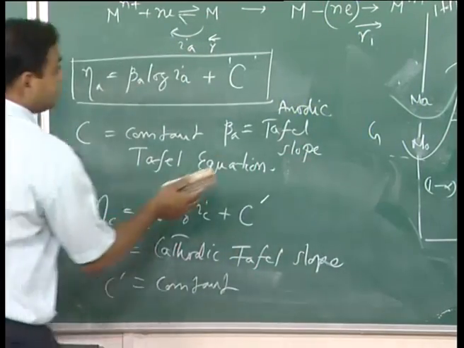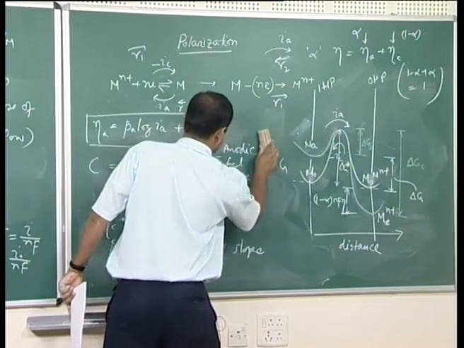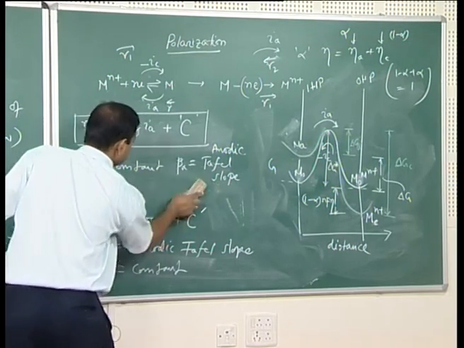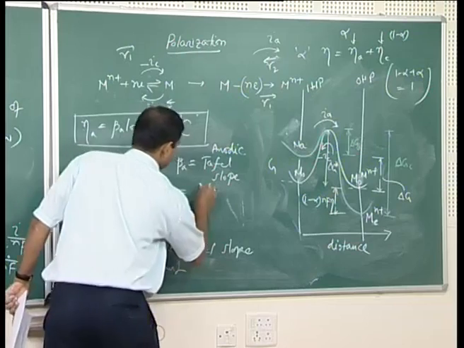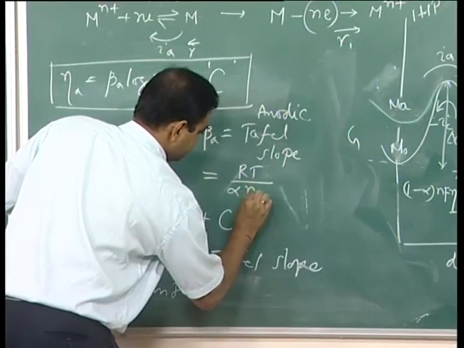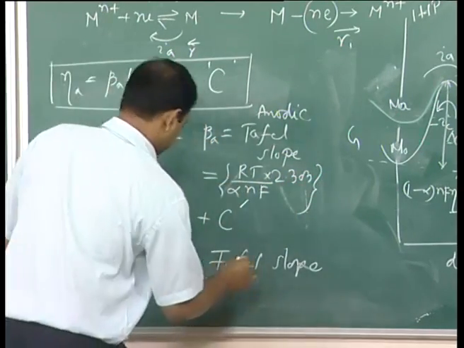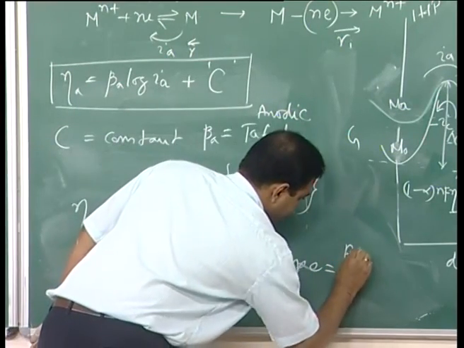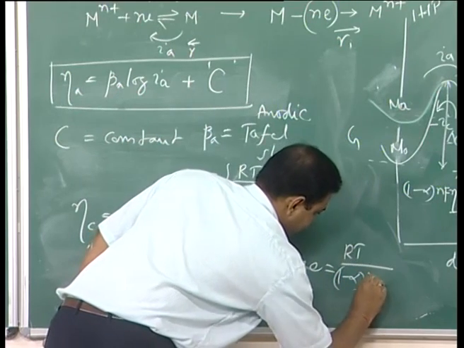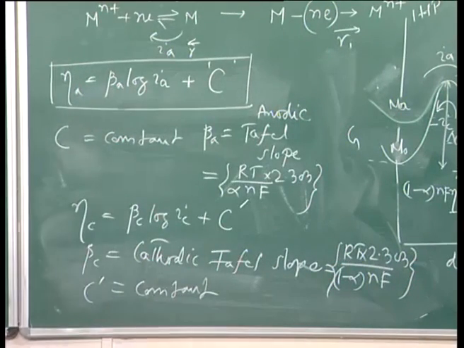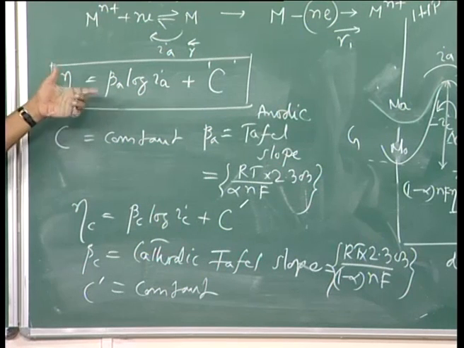And if you would like to see the value of beta C and beta A, let me put the value here. Fine. So now we know this equation, and this equation also relates the thermodynamics with the kinetics of the corrosion process.